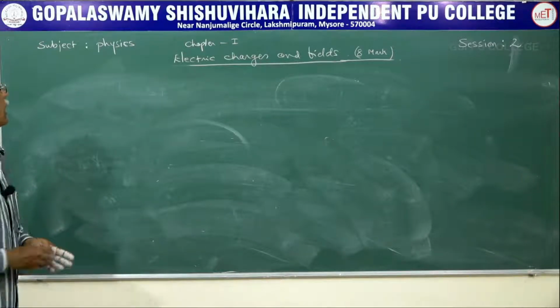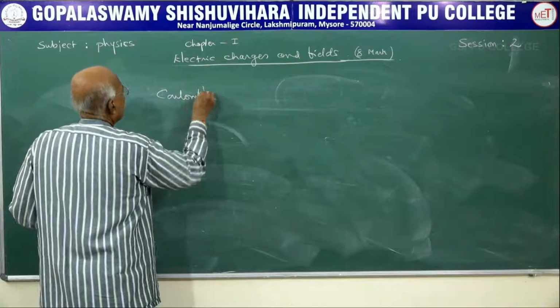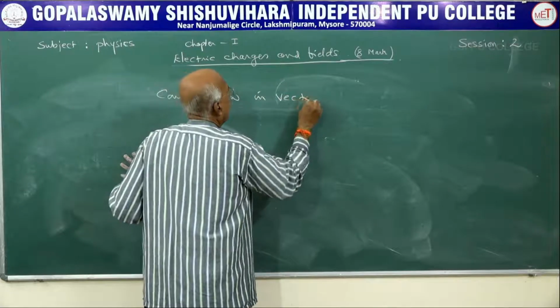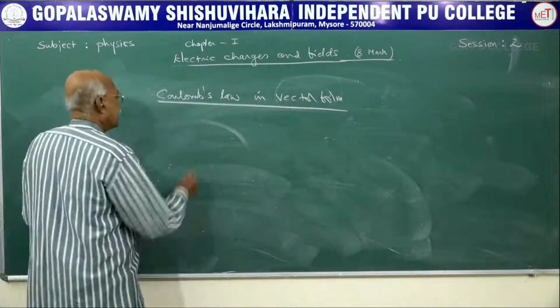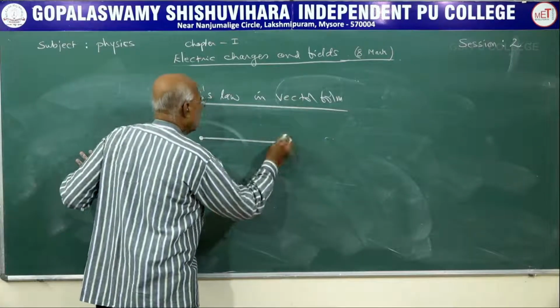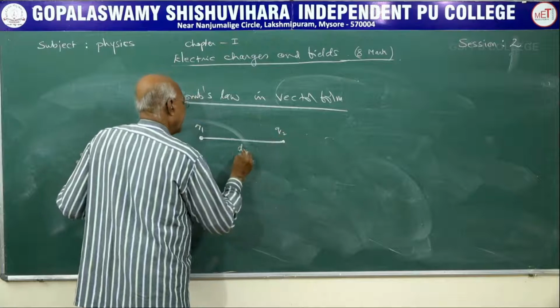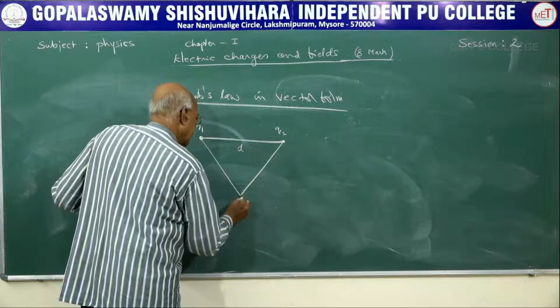Now we will write Coulomb's law in vector form. Consider a case like this. Here we have got charges Q1 and Q2. They are separated by a distance d. This is the origin.